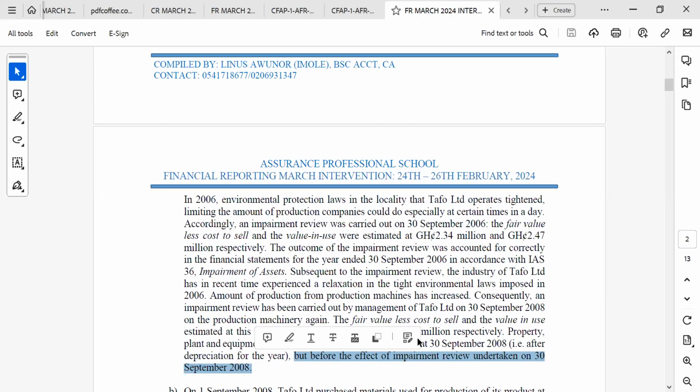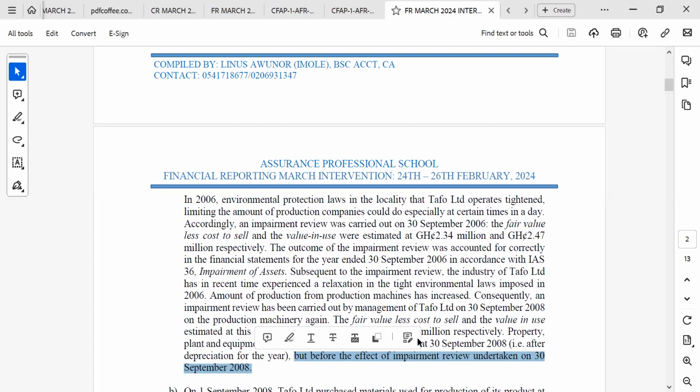It means that the asset will not be used up to the level of its maximum capacity. So therefore, we assume that the impairment has not happened. What is causing the impairment is no longer there or has experienced a relaxation in the application.